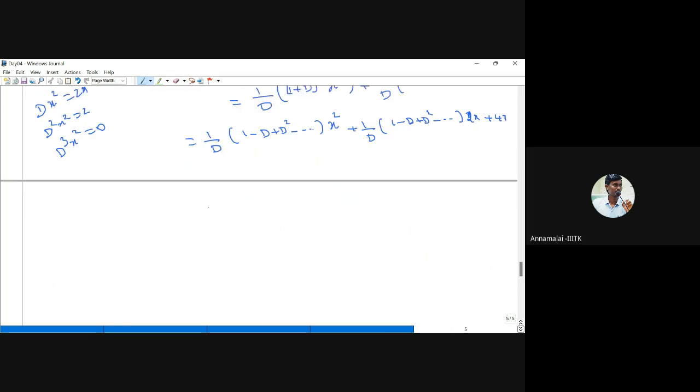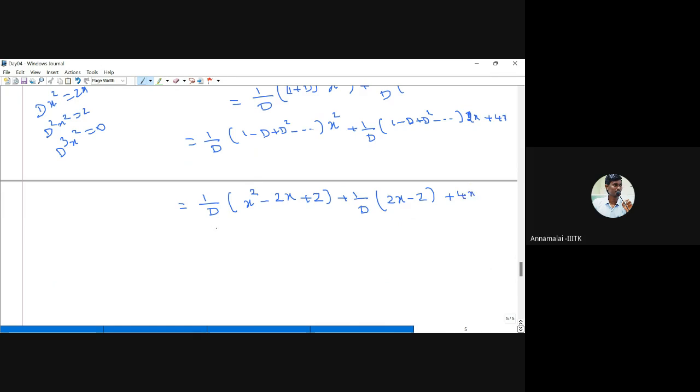So it's nothing but 1 by D, 1 into x square is x square minus first derivative 2x, second derivative is plus 2. Plus 1 by D, here multiply 2x inside, therefore 2x. Now first derivative is 1, therefore just minus 2, second derivative is 0, plus 4x.